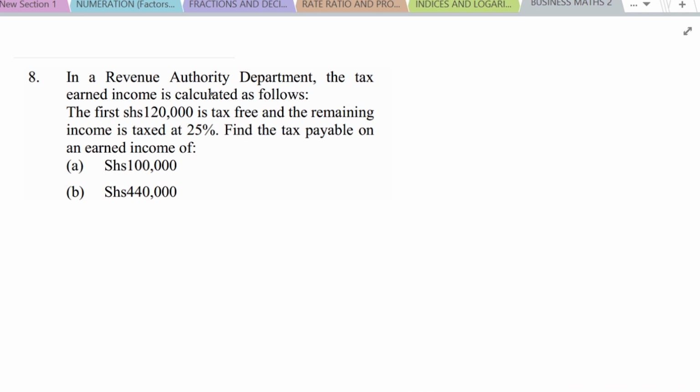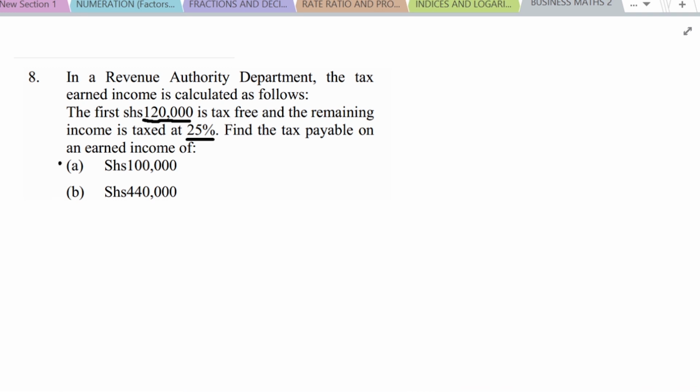The first 120,000 is tax-free, and the remaining income is taxed at 25%. Find the tax payable on unearned income of 100,000. So now remember, they are telling us that the first 120,000 is tax-free.